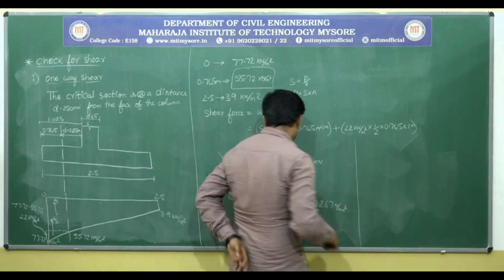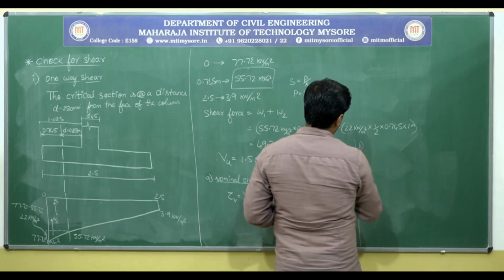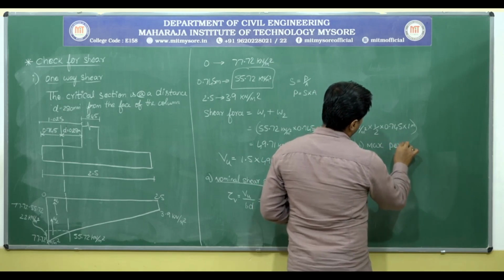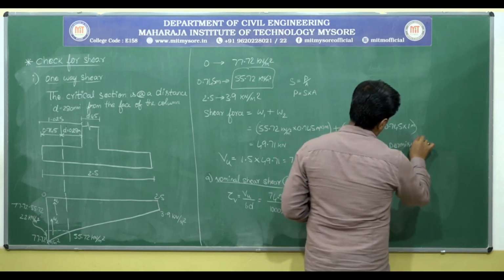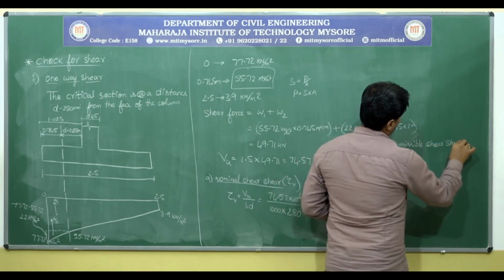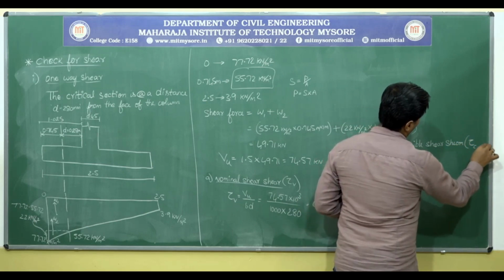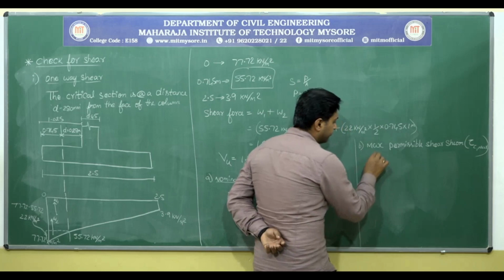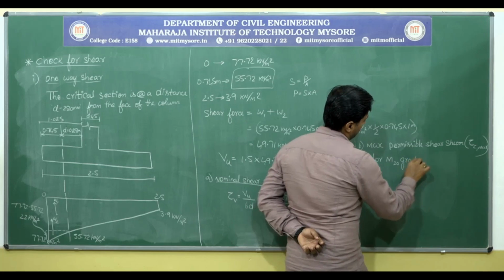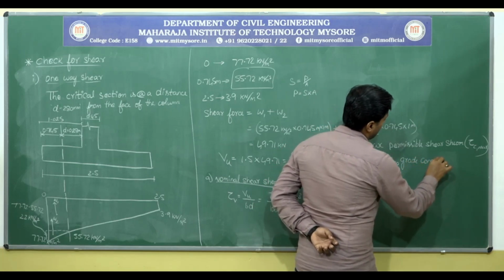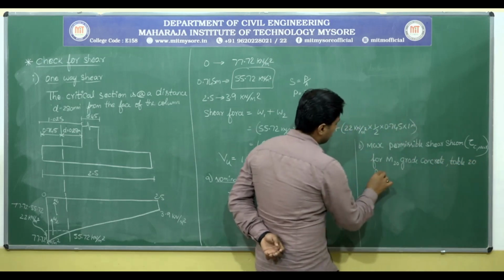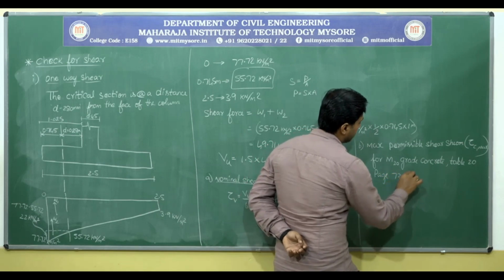Now let me calculate the next one, that is the maximum permissible shear stress, tau C max. I think you people know that for M20 grade concrete, table 20, page 73 of IS 456.